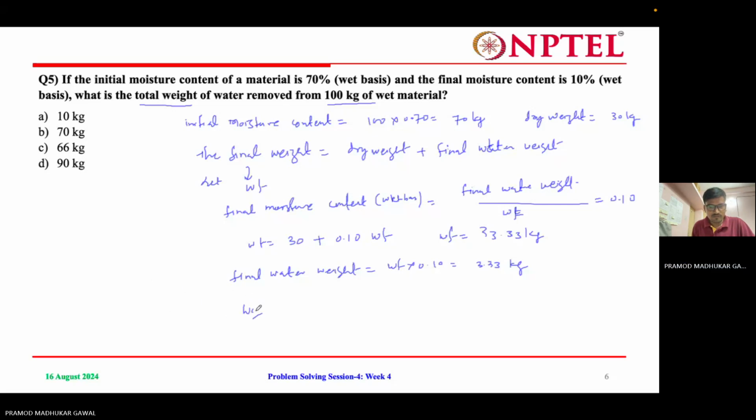So the water removed is the initial water weight minus the final water weight: 70 minus 3.33 is equal to 66.67 kg. So about 67 kg of water is removed from the 100 kg of wet material. Options are here.